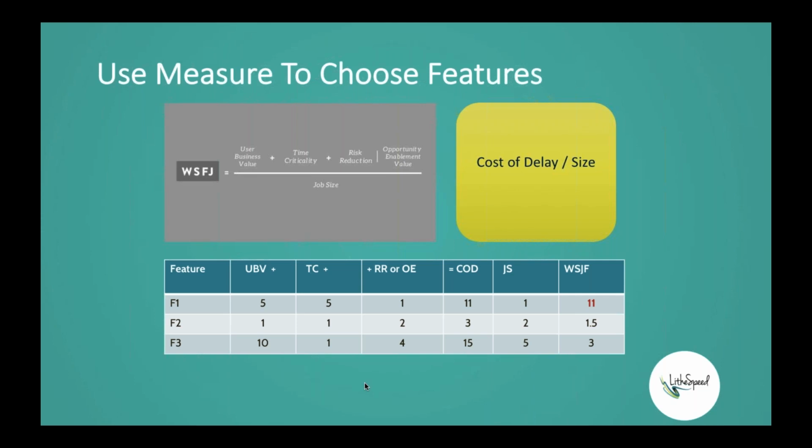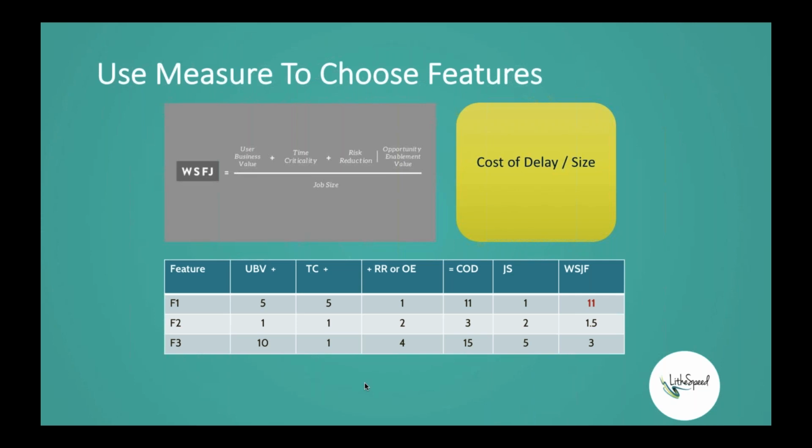But how do I minimize the cost of delay when I don't know what the cost of delay is? Well, there's a tool and a technique called weighted shortest job first. First of all, this graphic has a slight error in it. In the gray box, it says WSFJ, and it should say WSJF, weighted shortest job first. There's an equation for that, and basically this is a measure of bang for the buck.